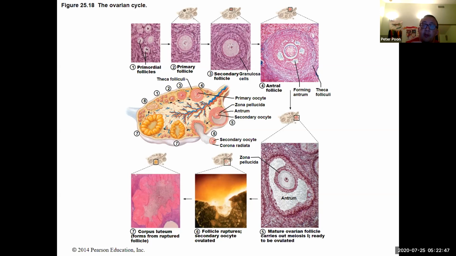So 6 to 12 of them start developing. They turn into primary follicles, and then one of them gets to the secondary and eventually the antral follicle, or the Graafian follicle as it's usually known.